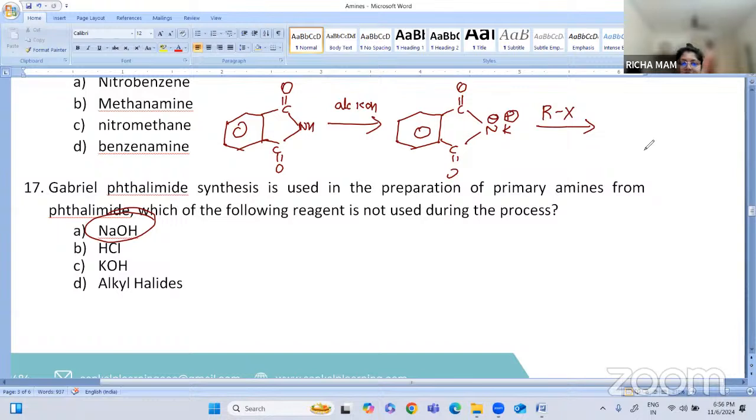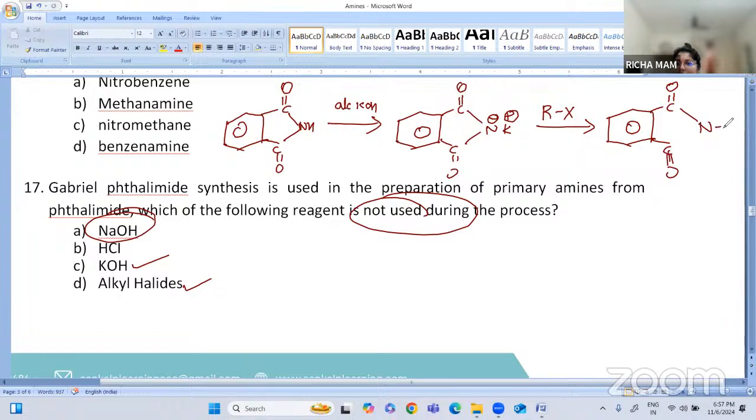I'm going to take any alkyl halide, so alkyl halides are also used. They have asked which reagent is not used. Alcoholic KOH is used. So we react it with alkyl halides, and now I'm going to get an N-alkyl phthalimide, right?